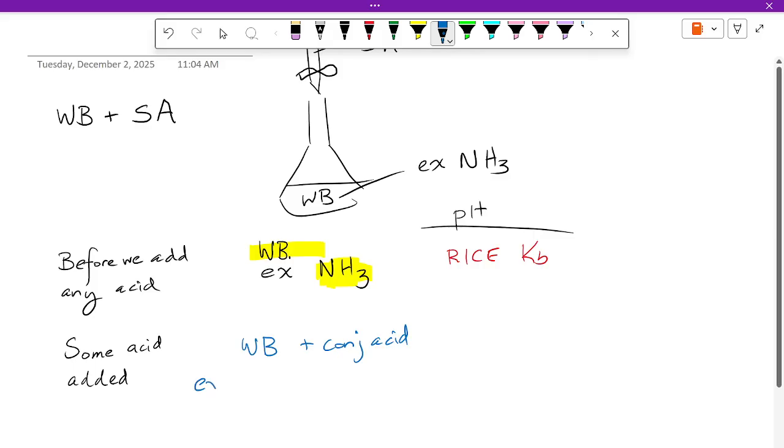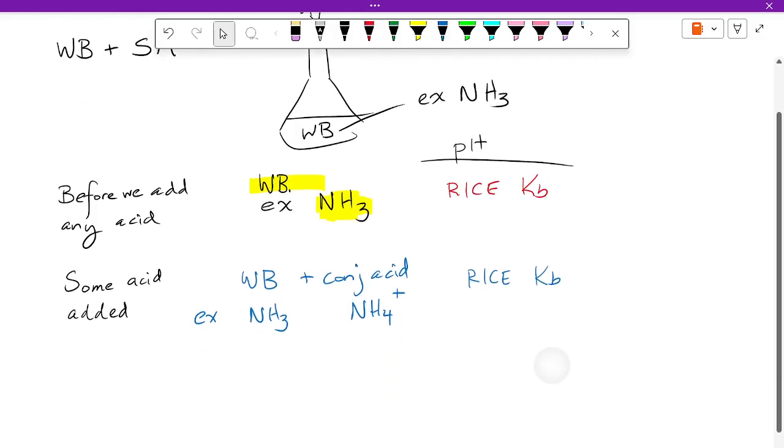So for example, that could be NH3 and NH4 plus. Okay, but it is still going to be basic. We'll use RICE and Kb, although you could use RICE and Ka too if you wanted to, because you got both of them.